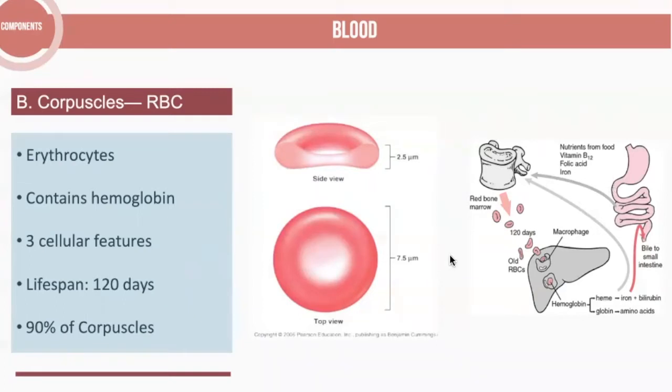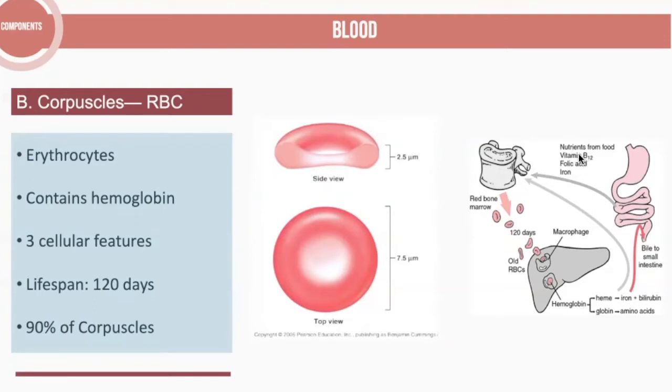Okay, so as we can see here in the diagram, your RBCs are produced in the bone marrow. And in this production, key nutrients from the food that we eat actually aid in erythropoiesis. So nutrients such as vitamin B12, folic acid, and iron.